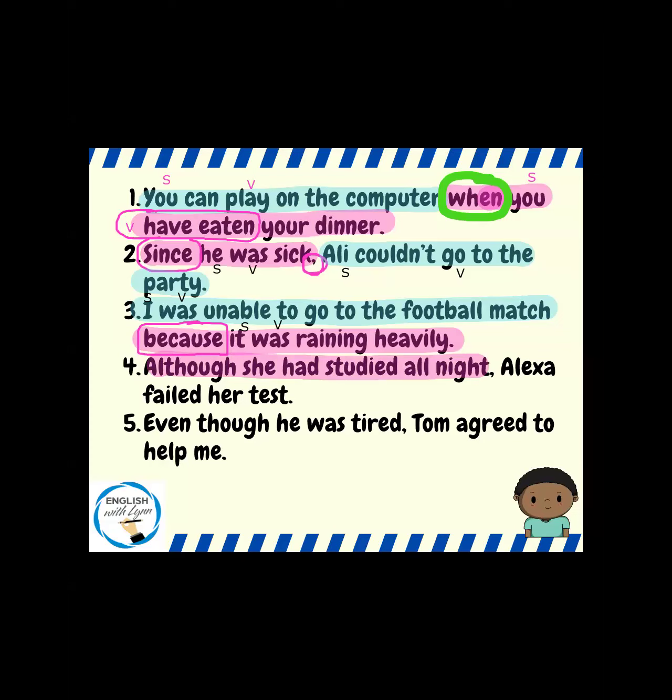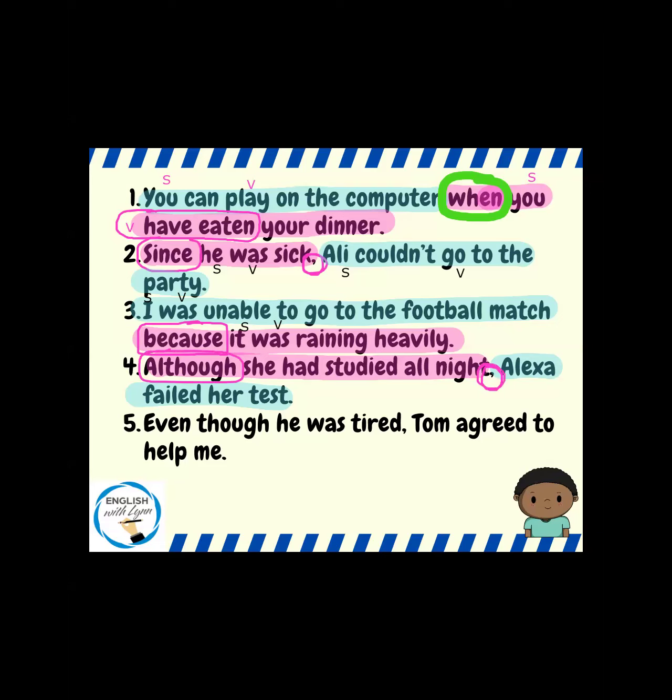The main clause is the bit that is needed for it to make sense. Alexa failed her test. And notice that with this type of sentence, because we have that subordinating conjunction at the beginning, we have a comma after it, okay? And that's really important that you remember the comma there.